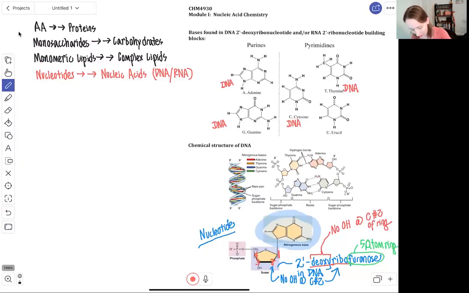On the other hand, in contrast to this, if rather than looking at DNA, we were looking at RNA for contrast, what is present there rather than the 2' deoxyribofuranose is just ribofuranose, which will have a hydroxy group at that 2 position, at carbon number 2 of the ring.